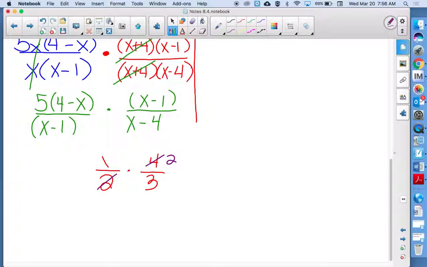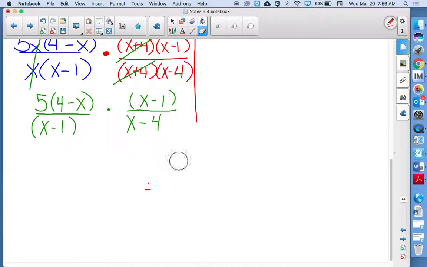So I would say 4 and 2, the 2 goes into 4 2 times, and then I'm left with 2/3 because it simplifies. So we can do the same thing with rational expressions. You're allowed to cross cancel as long as it's on the top of one and the bottom of another fraction. They can't both be on the top because that's what's getting multiplied, but the top of one and the bottom of the other. There's actually one other thing that we could do with this problem to simplify it.